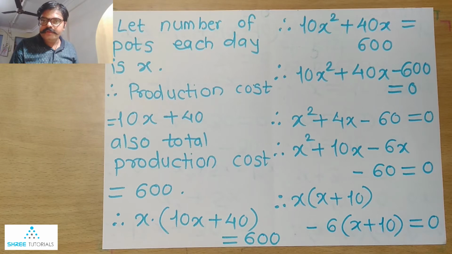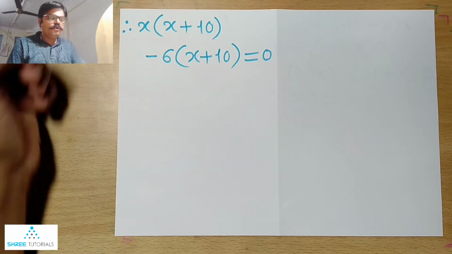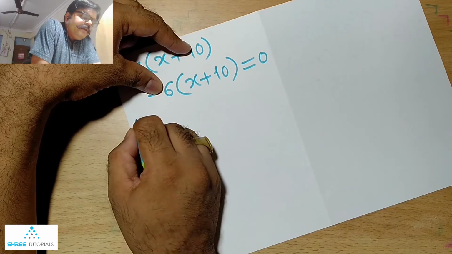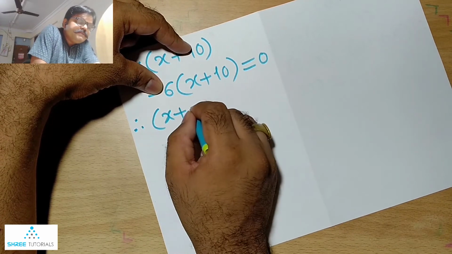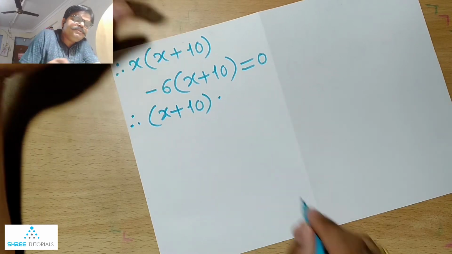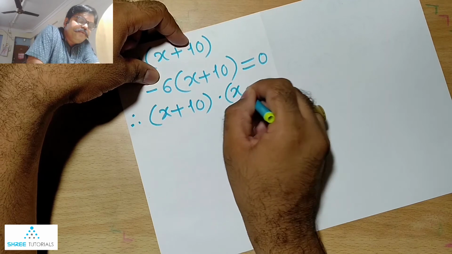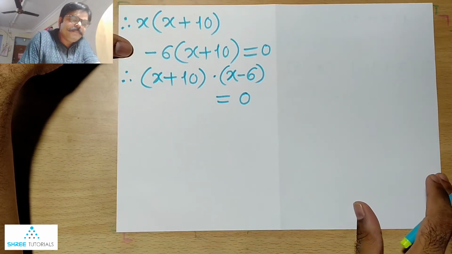I have already told you in earlier sums. Okay, so that's the equation we have got. Now we are going to simplify this a bit. Out of these two x plus 10, we are going to choose just one, and therefore we have x plus 10 multiplied by x minus 6, which is equal to 0.